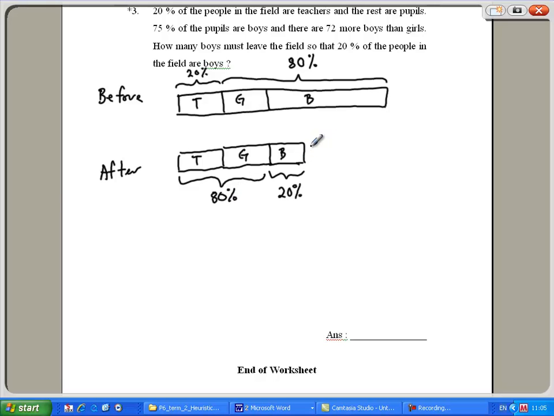So the question is, how many boys must leave the field, so that in the end there's only 20% of them.